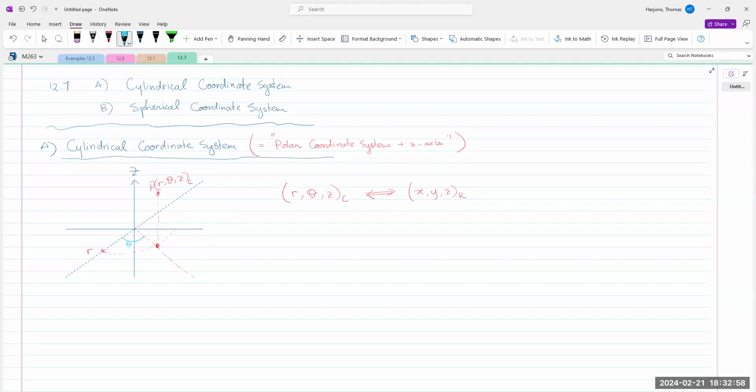Now again, like I said earlier, the first 2 components are basically polar converted to Cartesian, maybe I call that the xy plane.